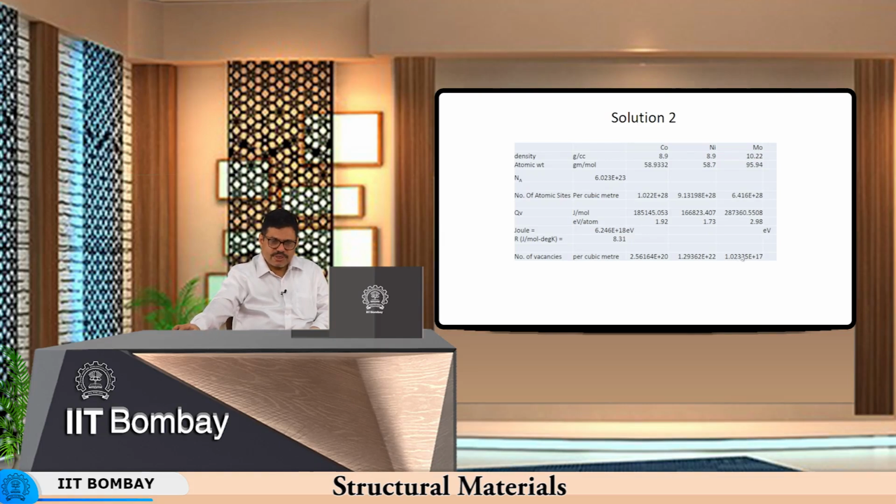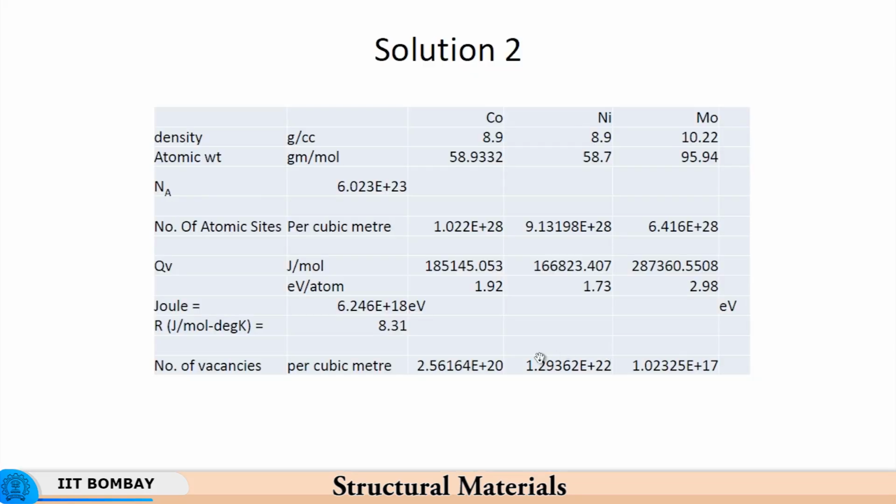So in case of nickel, the creep rate is much higher as compared to cobalt, and molybdenum is known for reducing creep rate, and one of the secrets of that reduced creep rate is a relatively low diffusivity through the crystal lattice.